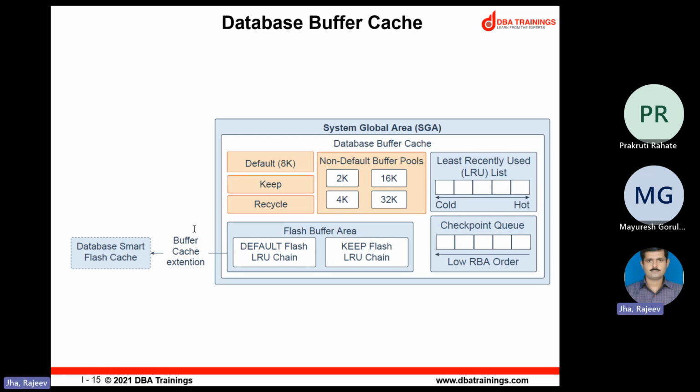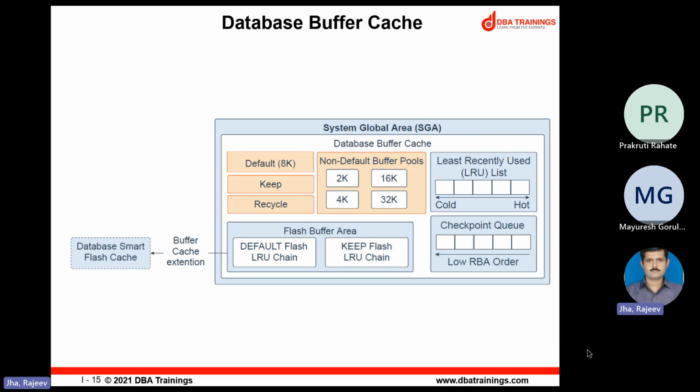Whenever you don't define a keep pool or recycle pool, which are optional, the blocks automatically go to the default pool. By default, the block size is 8 KB. Oracle supports powers of 2, like 2, 4, 8, 16, 32, 64.